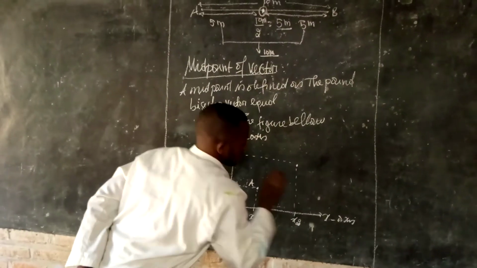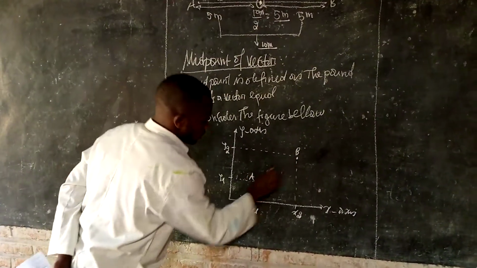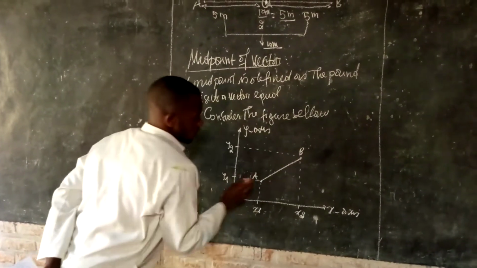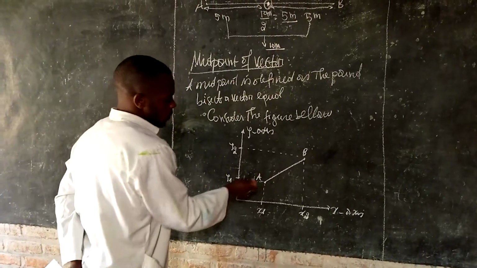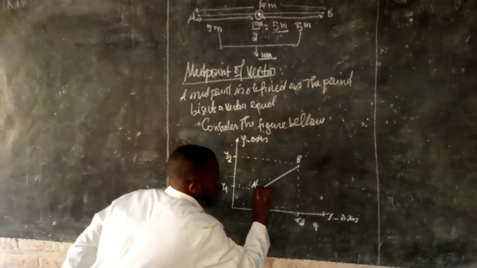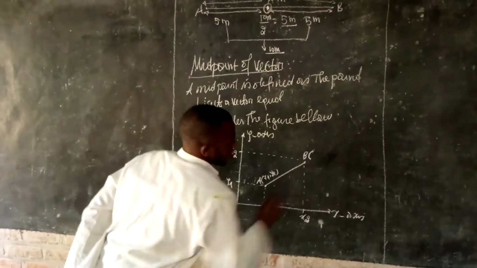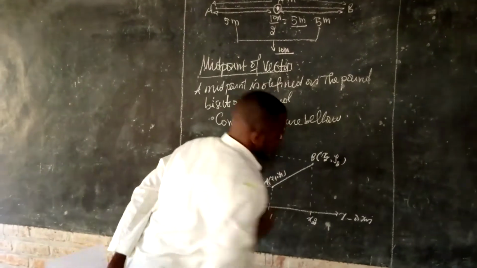This one becomes point B. You have to join point A and point B. So this is a line segment produced by point A, where point A has the coordinate of x1 and y1, and the point B has the coordinate of x2 and y2.